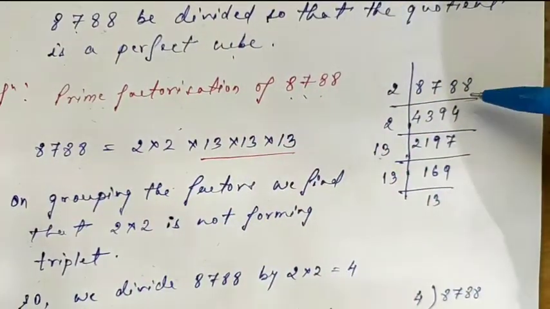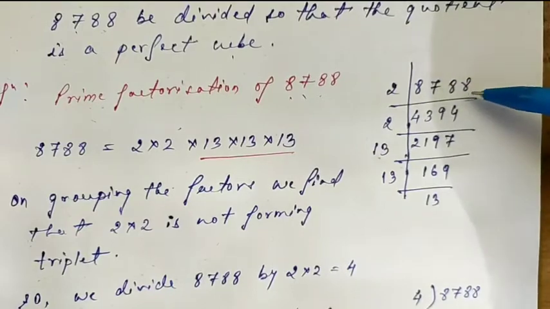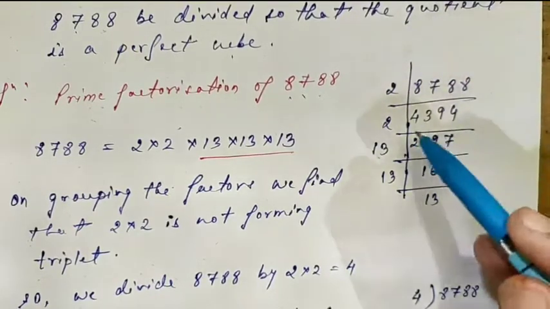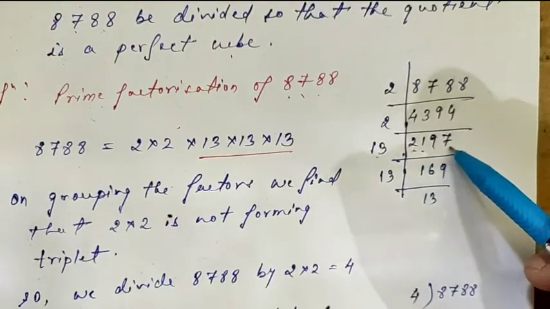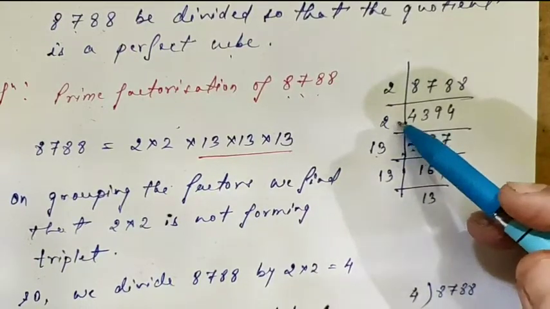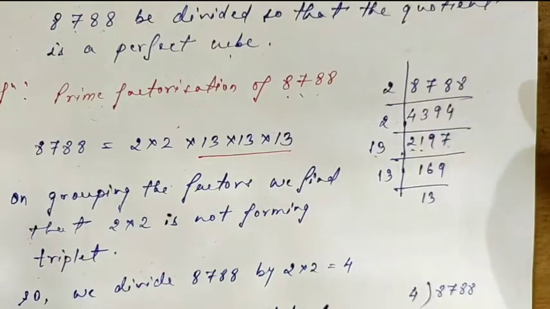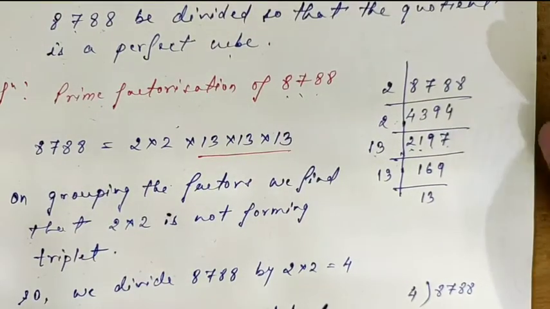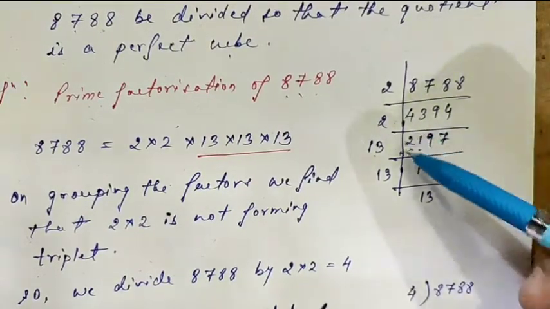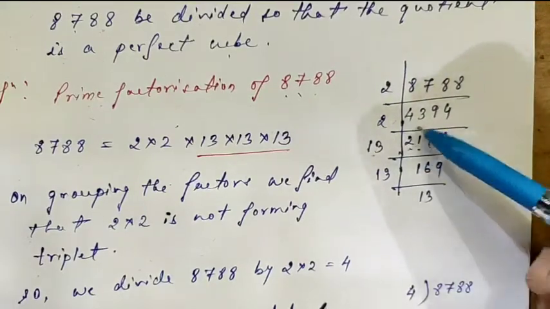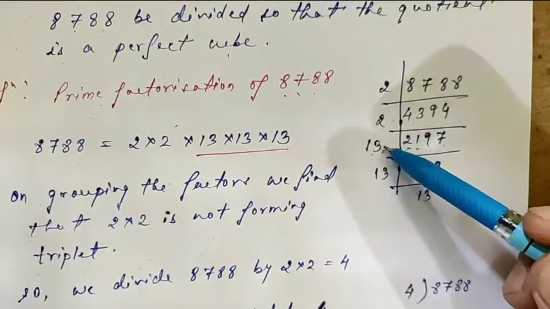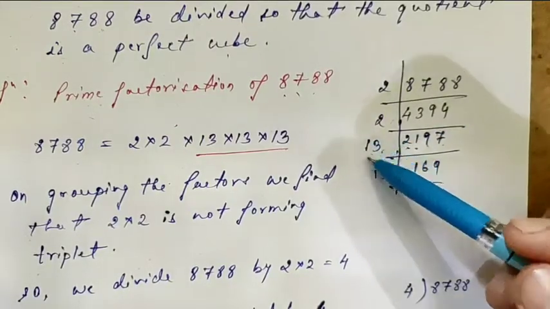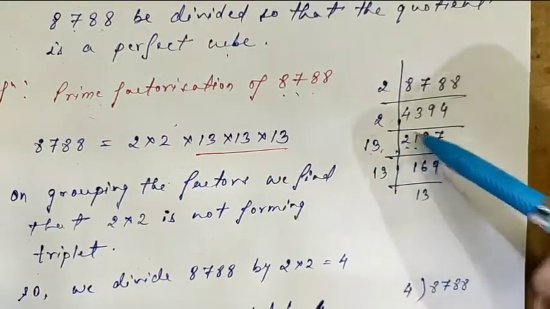I have done the prime factorization for you. After the second step I am getting the number 2197. If this number is not divisible by 3, 4, 5, 6, 7, 8, 9, you have to go on checking until you get a number by which it is divisible. After trying so much, I got 13, which divides it.